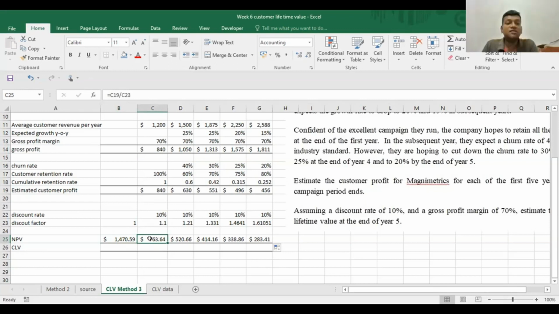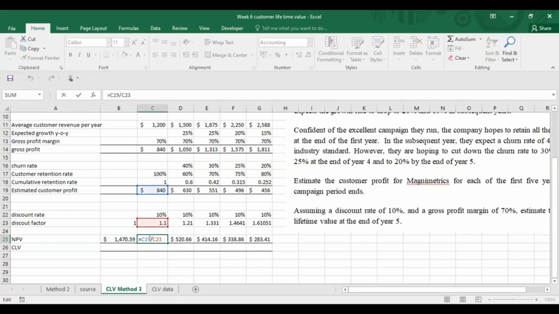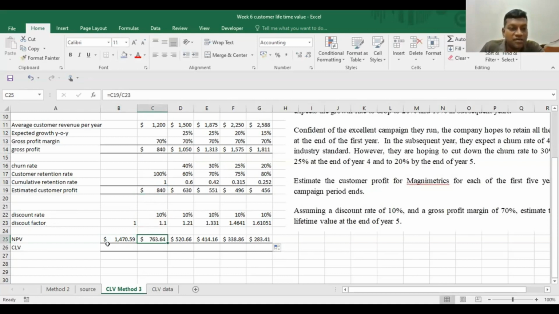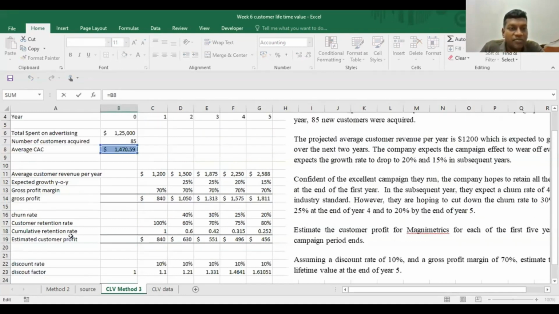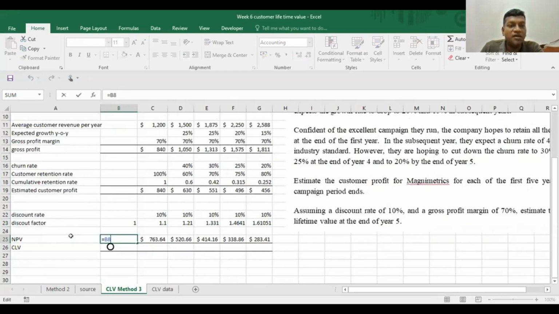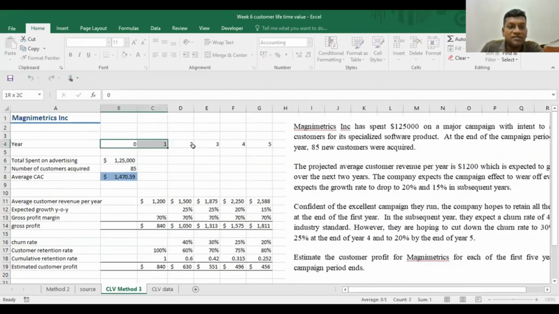Okay. So I'm dividing by this value, because that is the reason I calculated the discount factor. At the end of year 0, there is no discounting here, because I'm picking up this value directly. This is the end of year 0, and I'm making the investment. After the first year, let's say, the year is here.